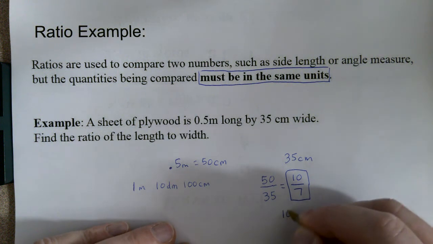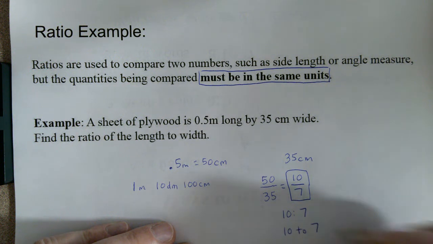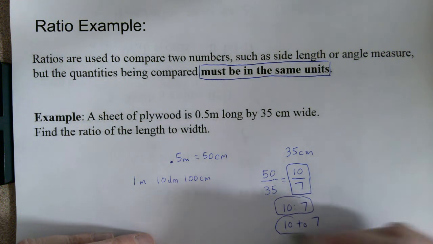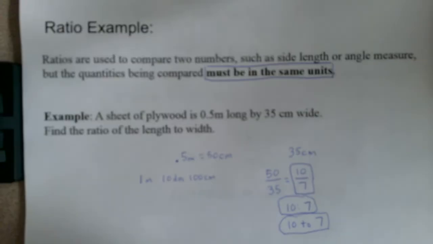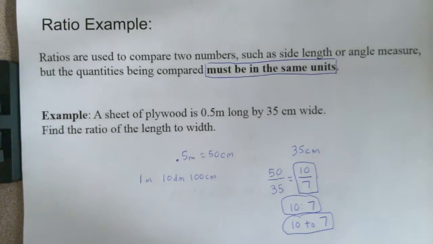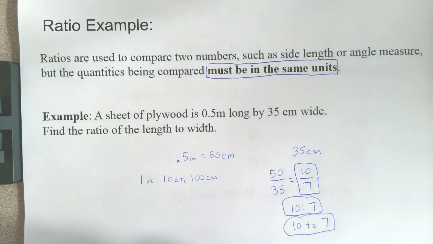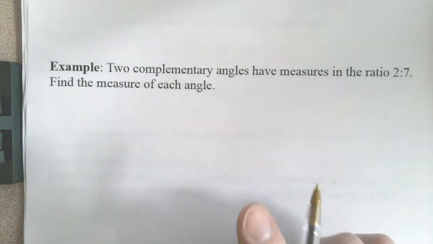Again, I could say 10 to 7, or I could actually use the word "to." So all three of those would be acceptable ways to write your answer for that one. Any questions on solving? Okay, let's move to a new example.